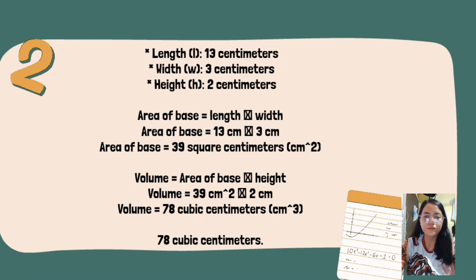Then we multiply the base area by the height. The volume is equal to area of base times height, 39 square centimeters times 2 centimeters, equal to 78 cubic centimeters. Therefore, the volume of the second prism is 78 cubic centimeters.